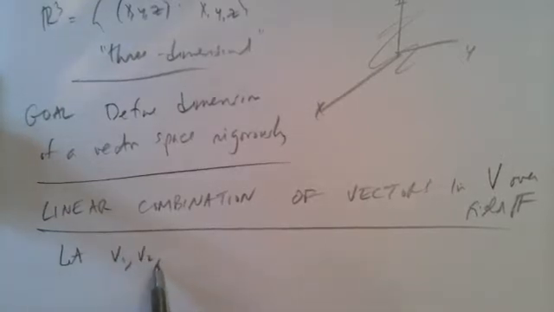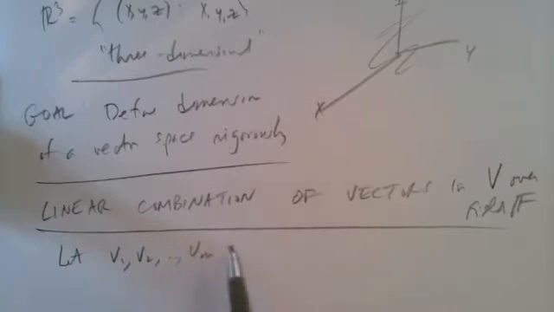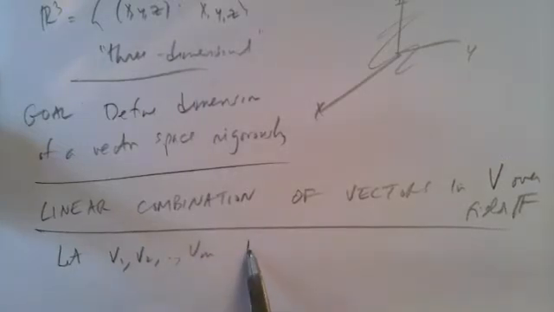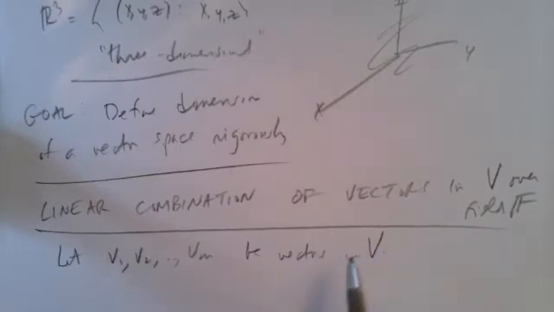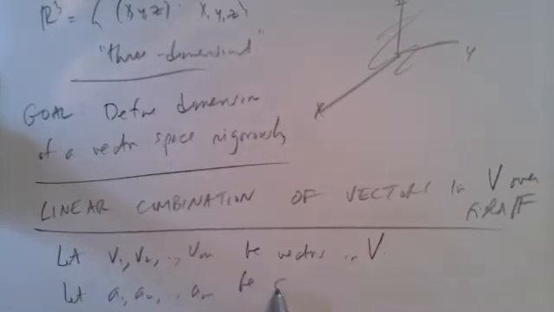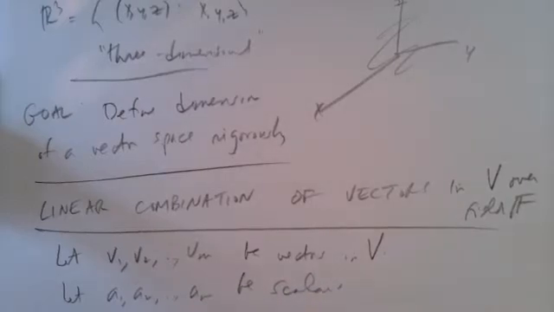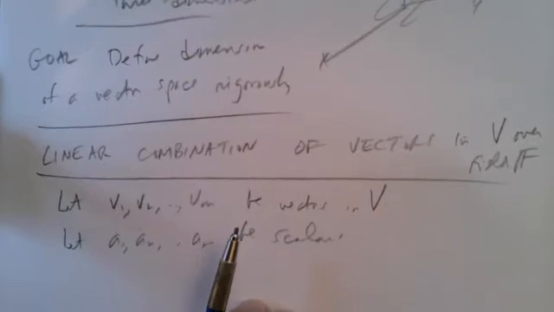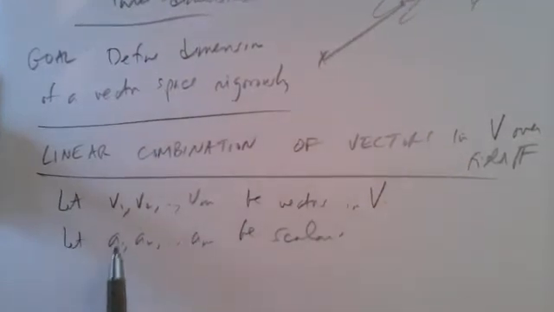Suppose V1, V2 up to V sub M is some sequence of vectors in V, and that A1, A2 up to A sub M are scalars. So you can multiply a vector by a scalar.